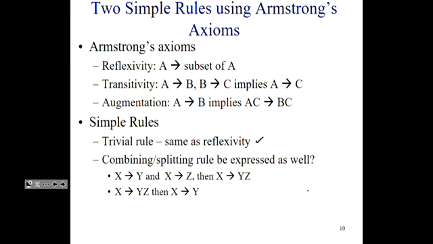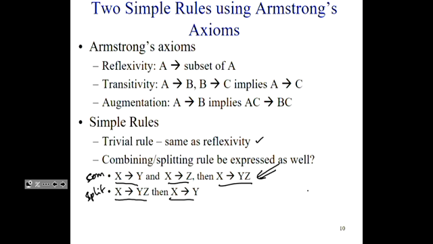The other two rules, which I'm going to introduce again, are the splitting and combination rules. The combination rule says if x implies y and x implies z, then x implies yz. The splitting rule says if x implies yz, then x implies y. Let's try to derive the first one using Armstrong's axioms.